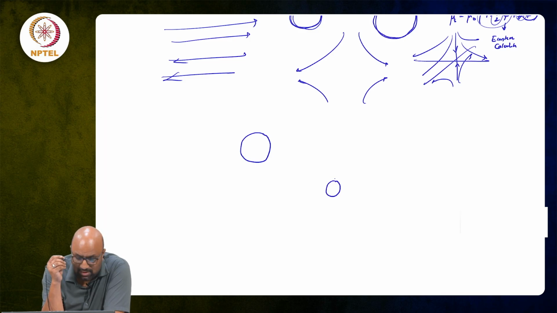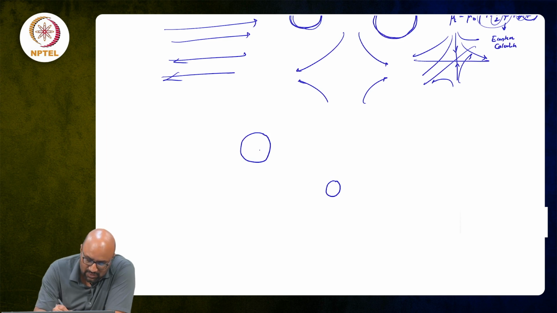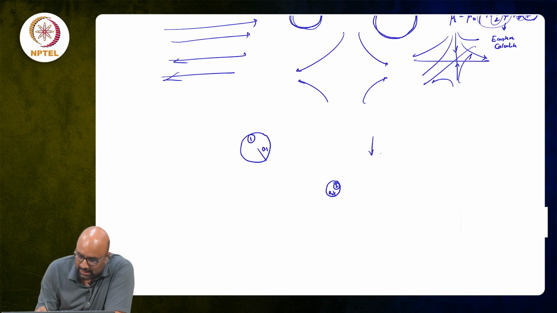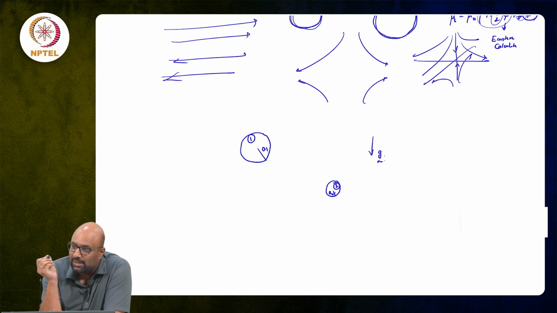I have two spheres, I am focusing right now on spherical particles, and then when we do these calculations I will make a point regarding what happens when the particle is not spherical. So, I have a spherical particle, let us call this particle 1, this particle 2, they are not necessarily the same size, A1 and A2, and they are falling under the action of gravity.